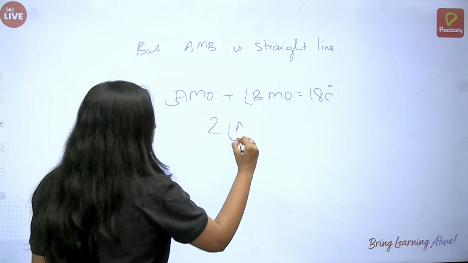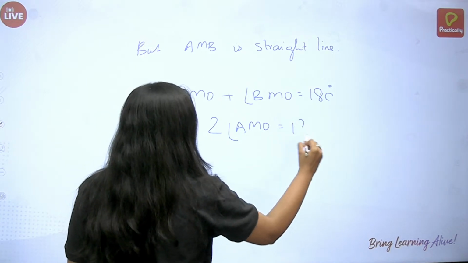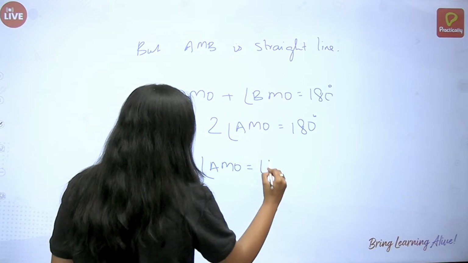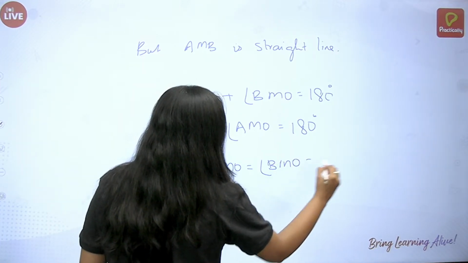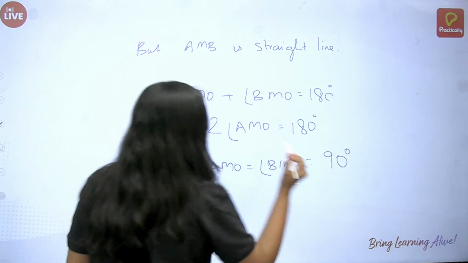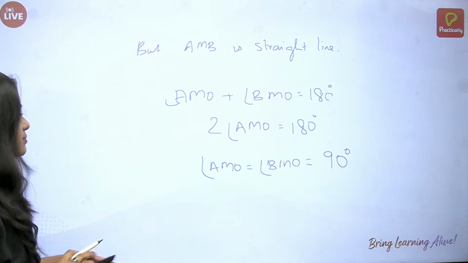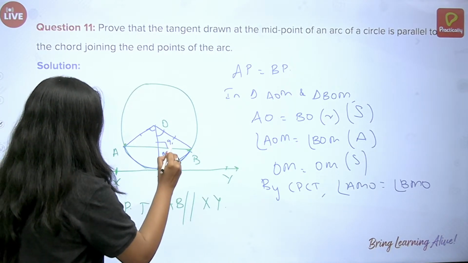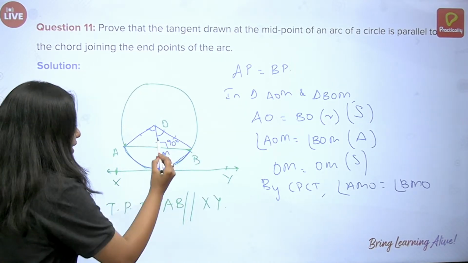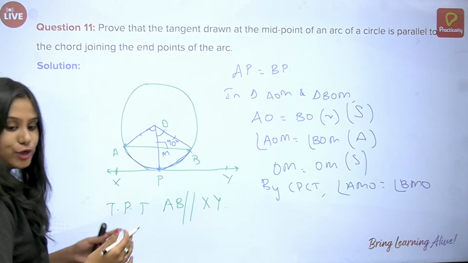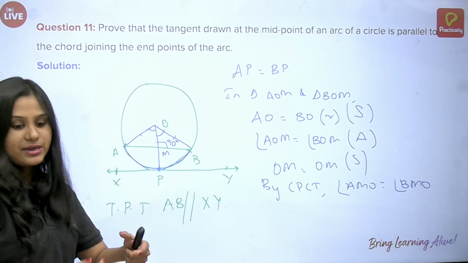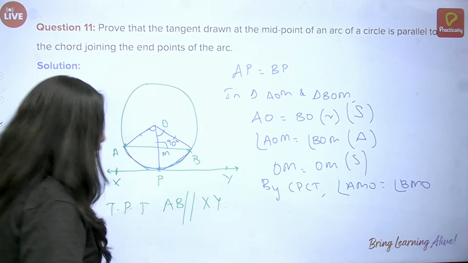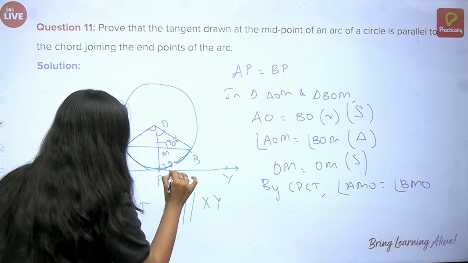So, 2 times angle AMO is equal to 180 degrees. So, angle AMO is equal to angle BMO is equal to 90 degrees. Right? Now, listen. We got this 90 degrees and we know that the radius at the point of contact to the tangent is 90 degrees, correct? Radius is perpendicular to the tangent at the point of contact. So, this is 90 degrees.